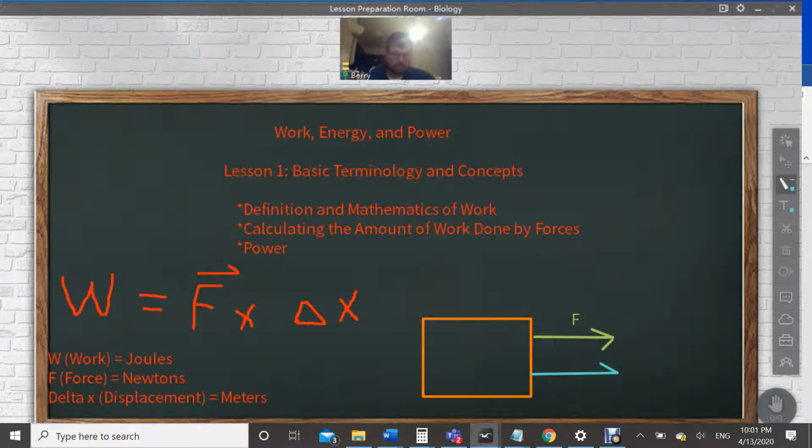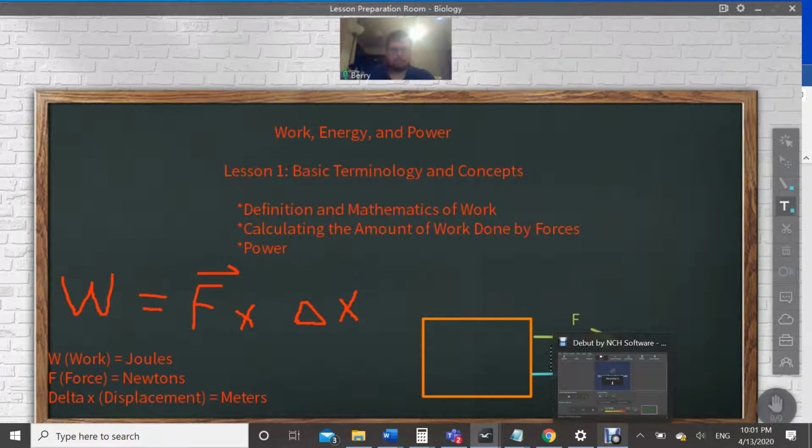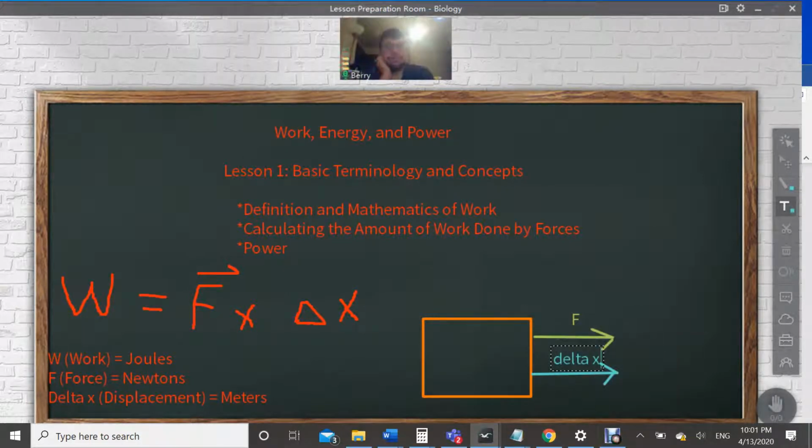Well, we would assume that the displacement is in the same direction. So if we apply the force, we would assume that the displacement is in that same direction. But that isn't always the case. Sometimes we can apply the force in different directions.